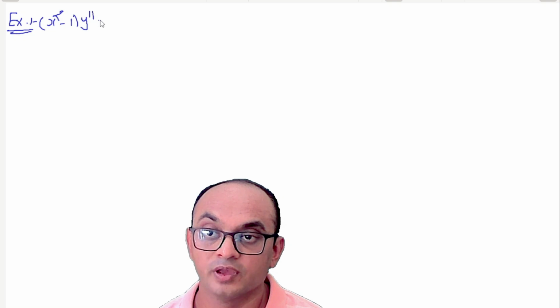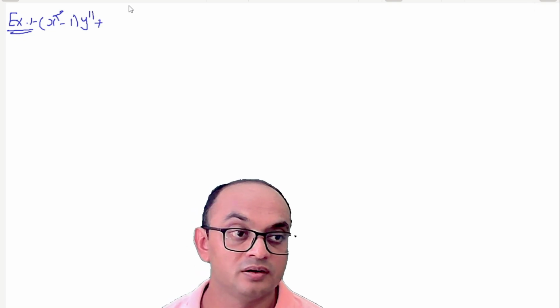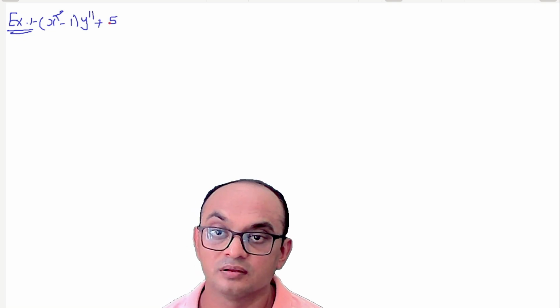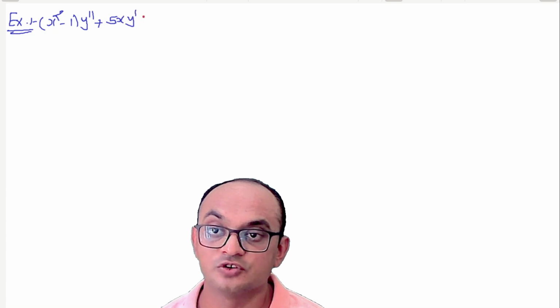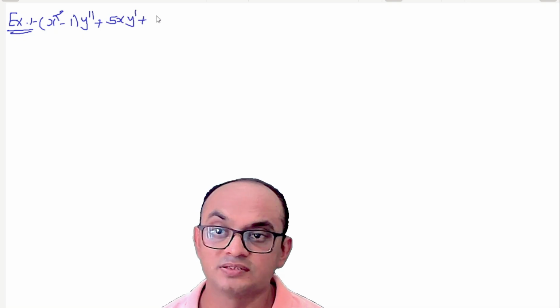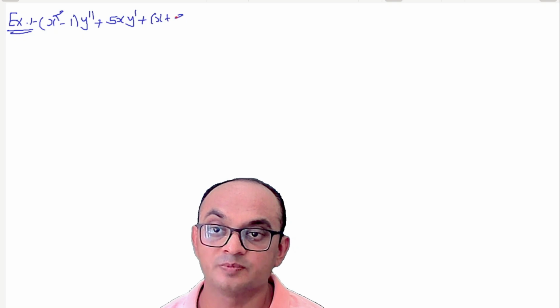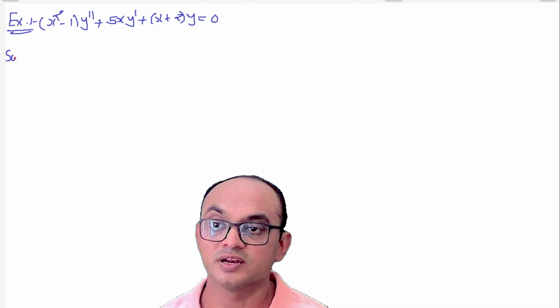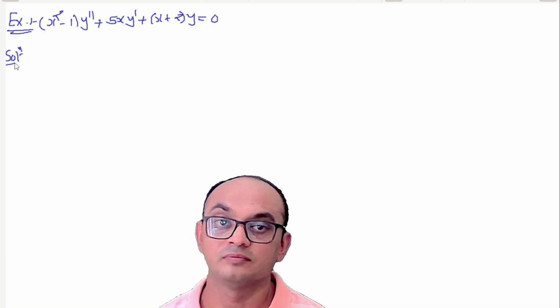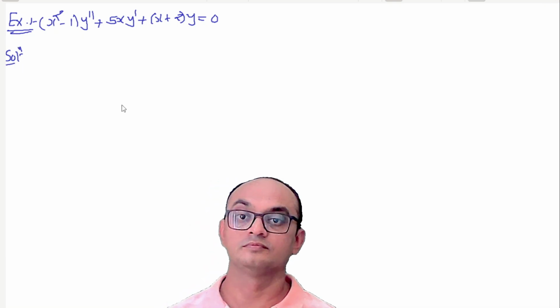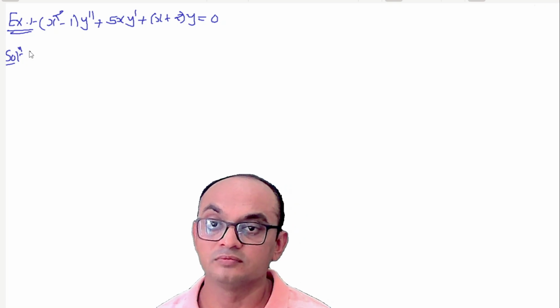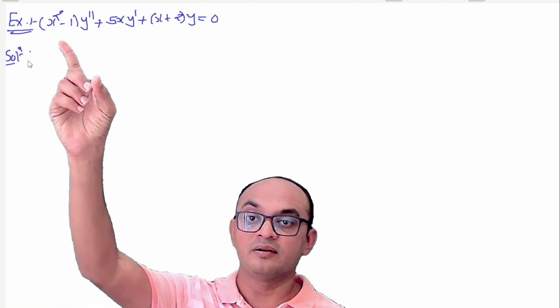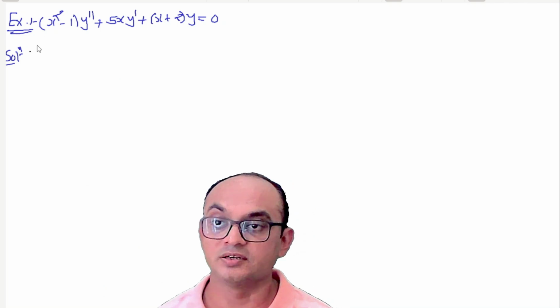(x squared minus 1) into y double dash plus 5x into y dash plus (x plus 2) into y equal to 0. Let us write the solution. What we have given? (x squared minus 1) y double dash.